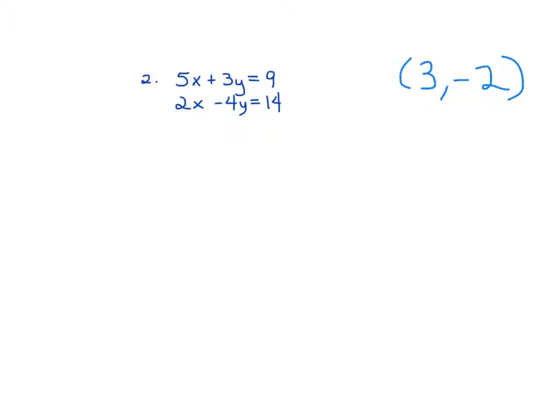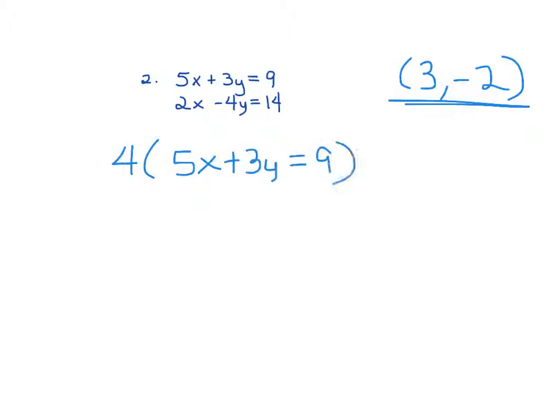I've seen a lot of students earlier this morning eliminate x, and that's perfectly fine, as long as you get your answer down to the same one that I've gotten, which is 3, negative 2. So I'm going to eliminate y. I am going to multiply my first equation by 4. So 5x plus 3y equals 9. I'm going to distribute and get 20x plus 12y equals 36.